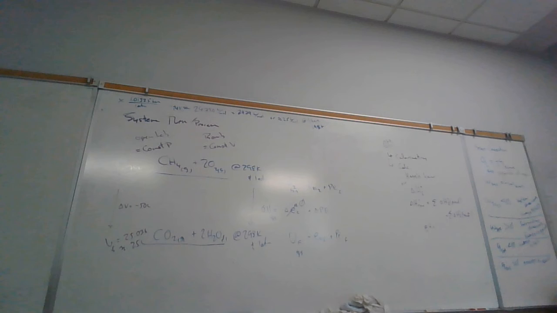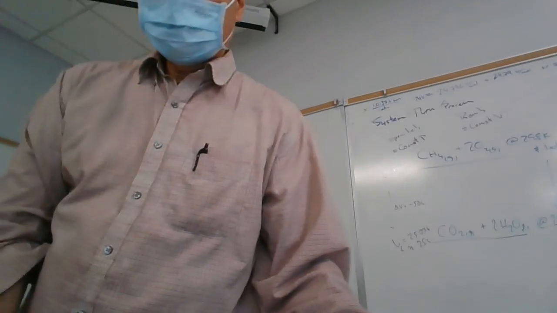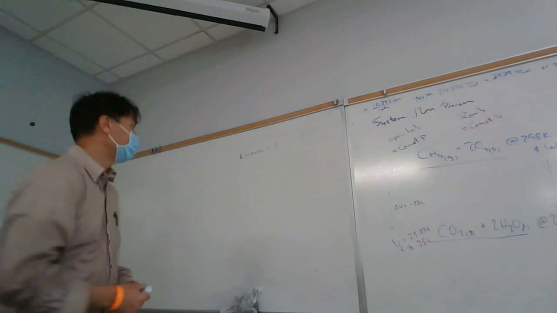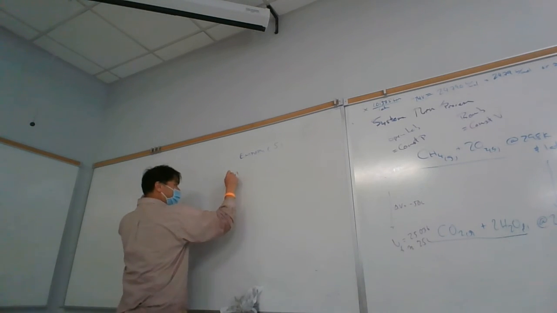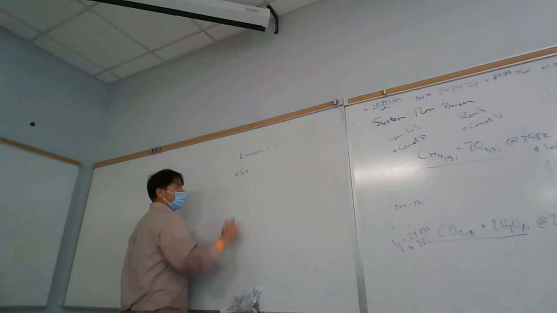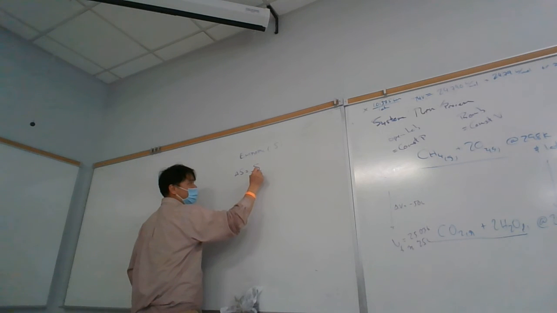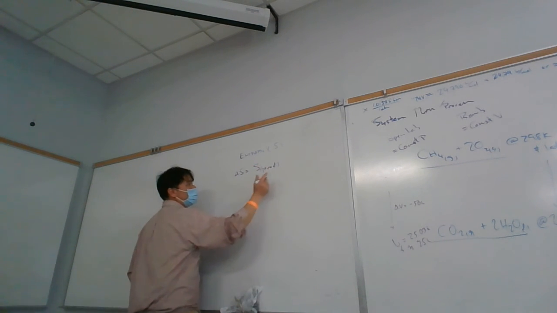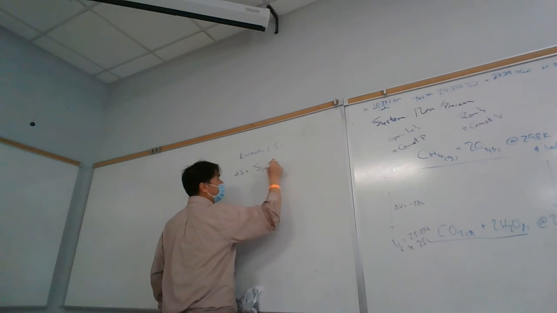Entropy is given the symbol S. S is called the absolute entropy. And what we do with entropy is we figure out delta S. Delta S is a simple calculation. It's the sum of the entropies of the products minus the sum of the entropies of the reactants.